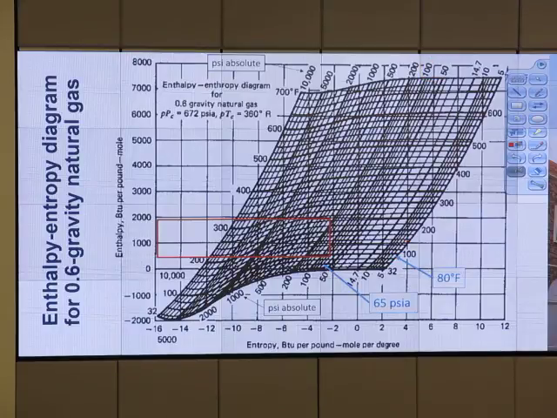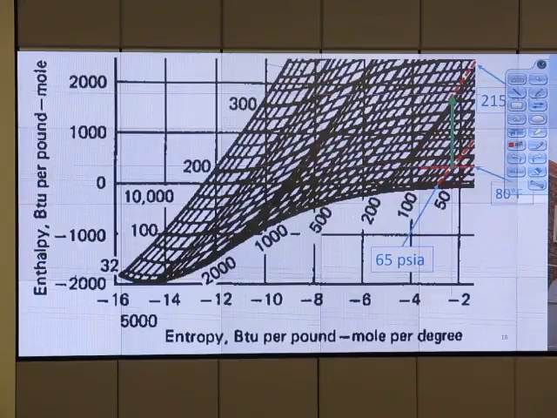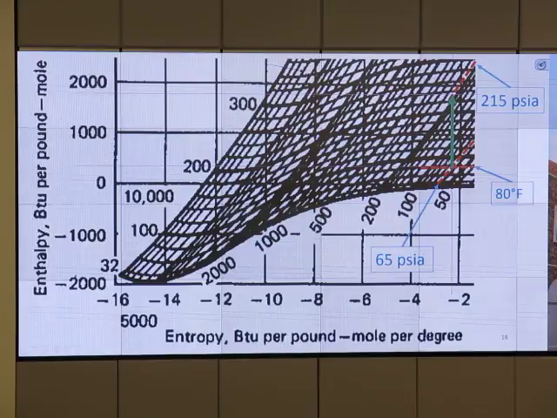This is not clear enough, so I zoom in. 65 psia is that dashed diagonal line. 80 is that line. So that cross point is the initial point.